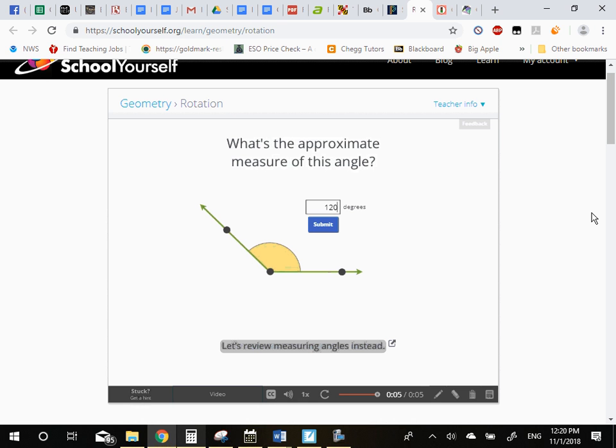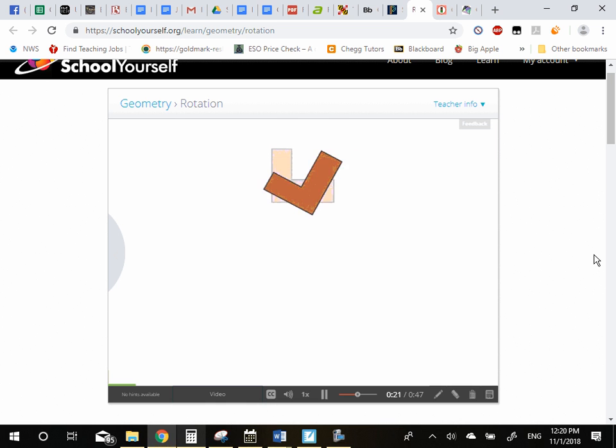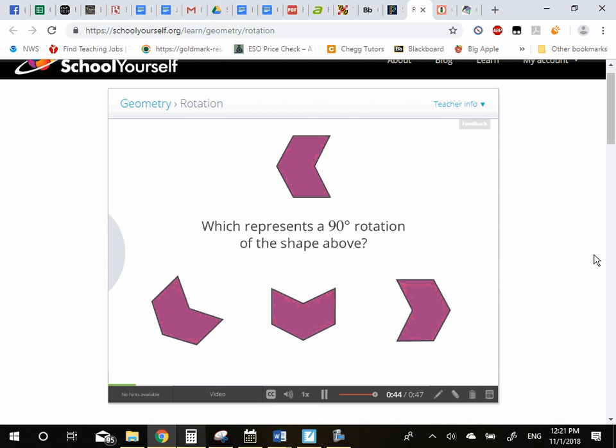Let's try the 120 degrees. Middle one? Okay.